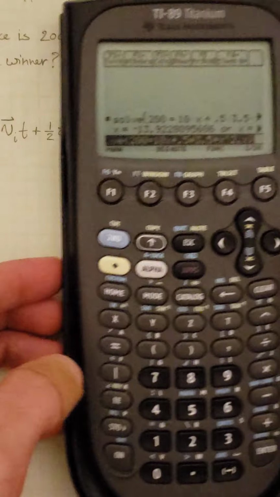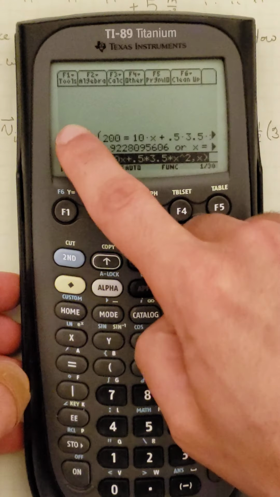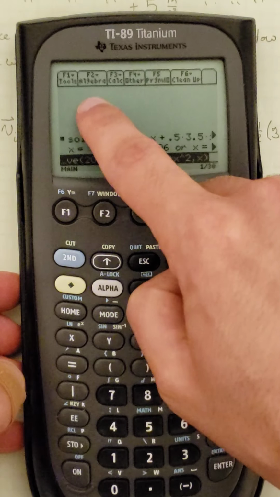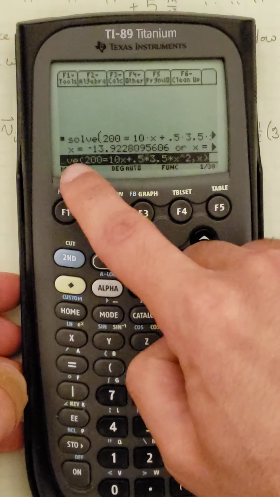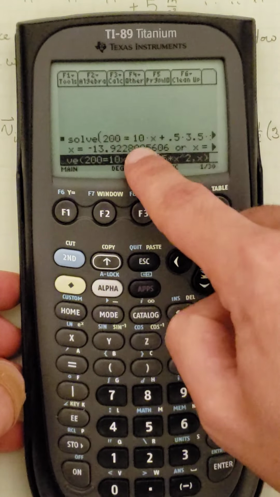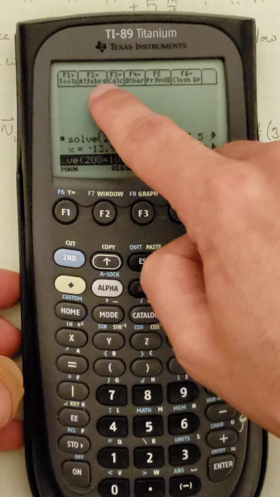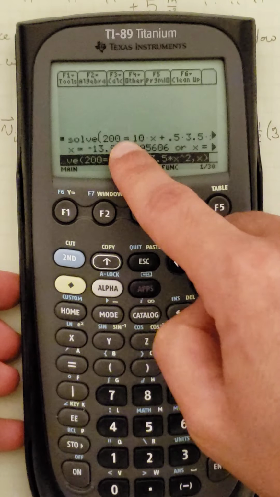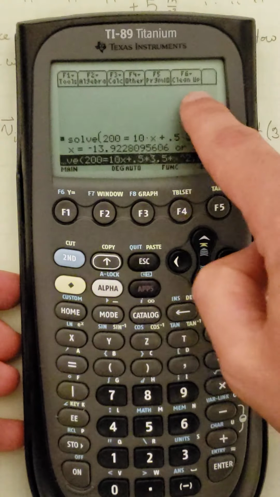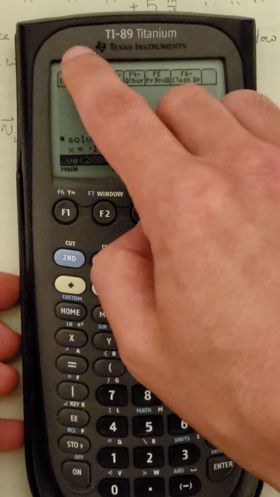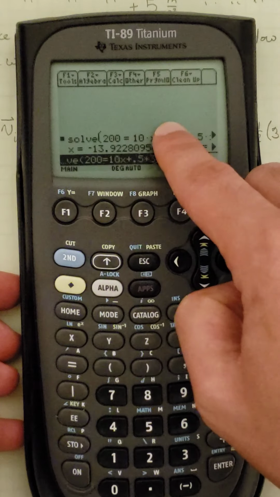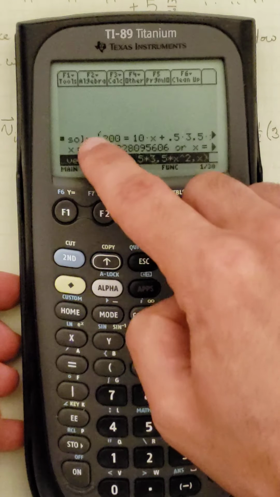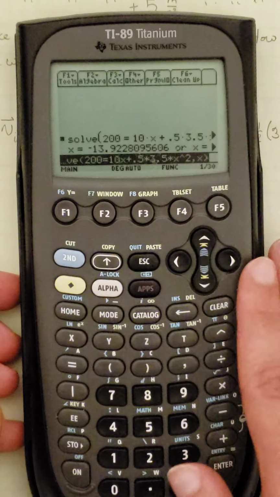Again, because the shape of the graph is like this, and we're saying, give me the time value where this parabolic arc crosses a horizontal line at distance 200 meters. Remember, we've been looking at d-t graphs. Well, a horizontal line is going to cross in two places.